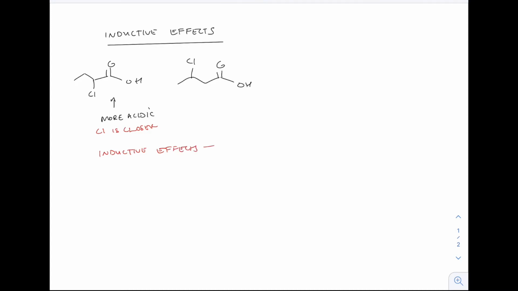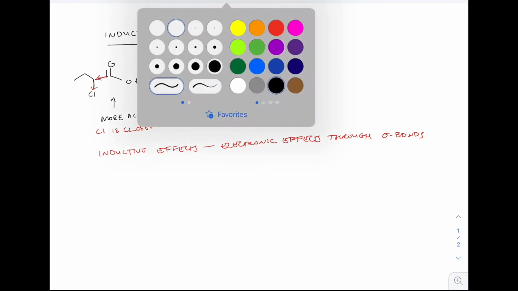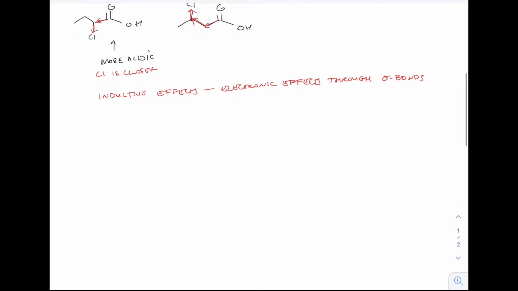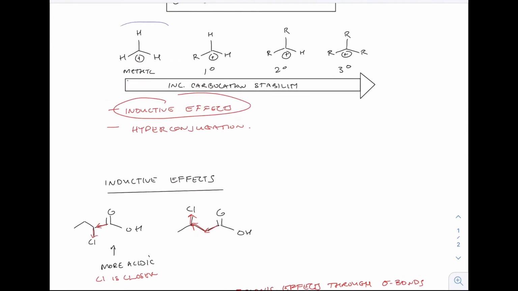That was because of inductive effects and the electronegativity of that chlorine withdrawing electron density through sigma bonds. So that's the idea of inductive effects, electronic effects through the sigma bonds. We have those arrows representing the flow of electrons through the sigma bond.